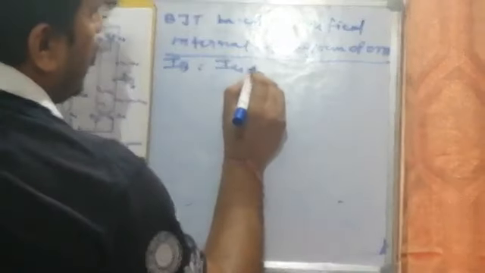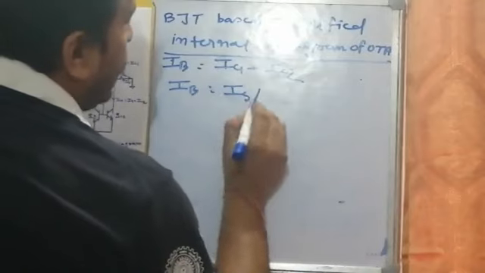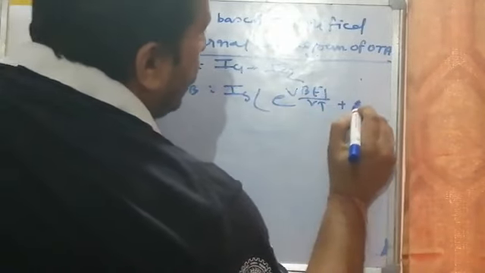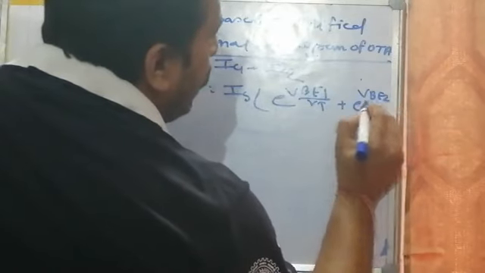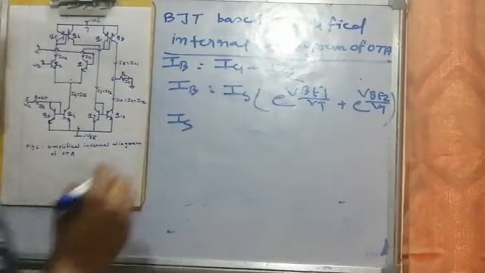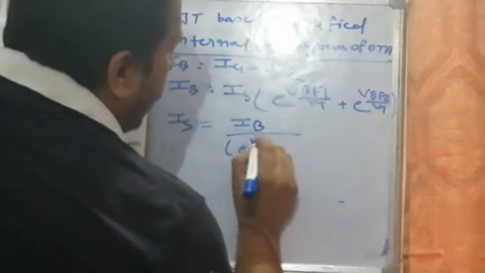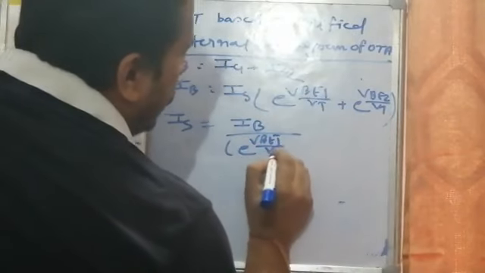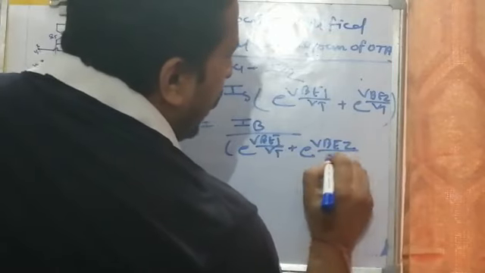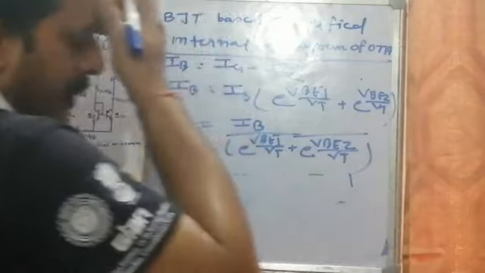It is IC1 plus IC2, and IB equal to IS times e to the power VBE1 by VT plus e to the power VBE2 by VT. So from here we can find the value of IS, and that IS is equal to IB divided by e to the power VBE1 by VT plus e to the power VBE2 by VT. We are assuming this is equation 5.